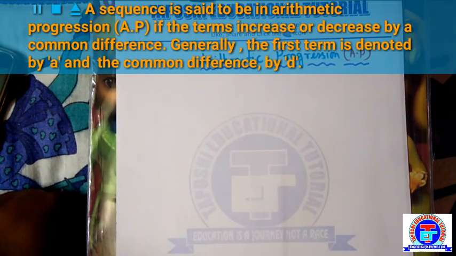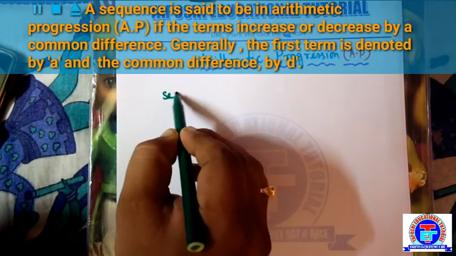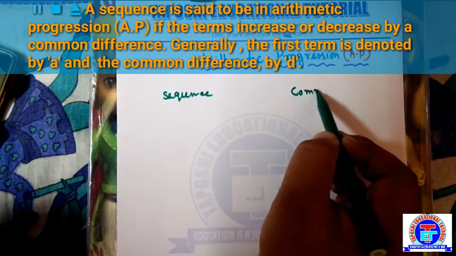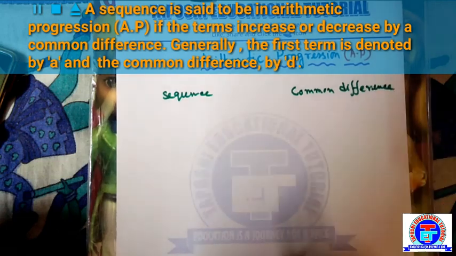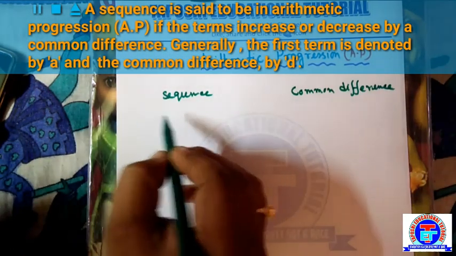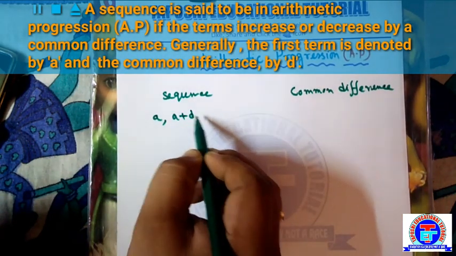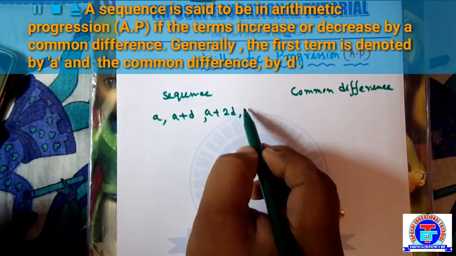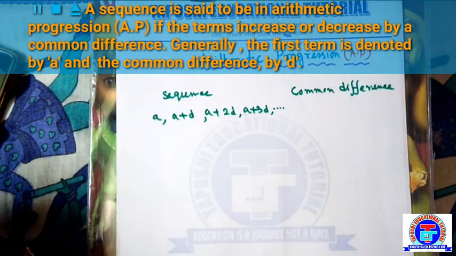Generally, the first term is denoted by A and the common difference by D. Here, the sequence is A, A plus D, A plus 2D, A plus 3D, and so on.